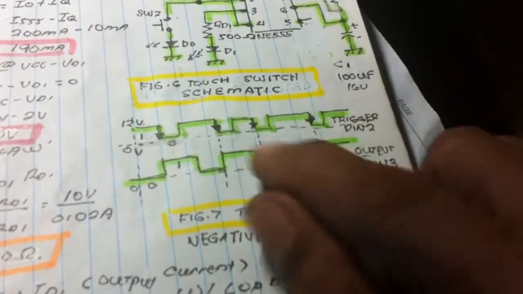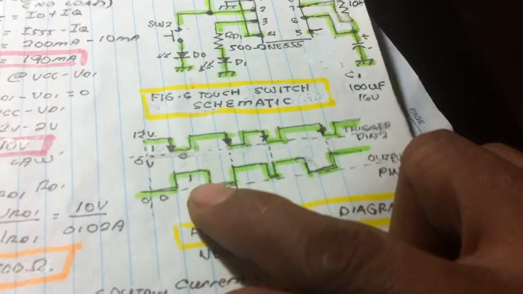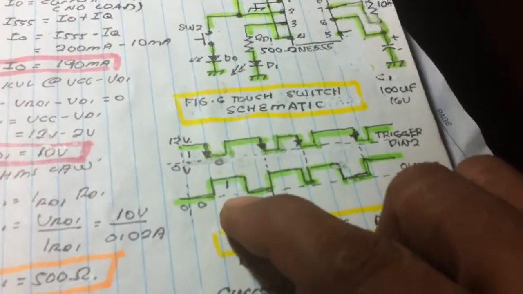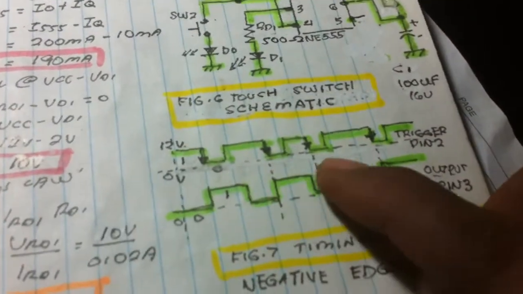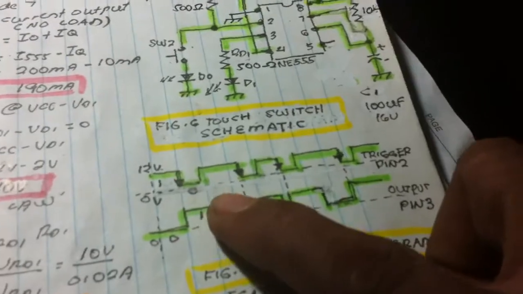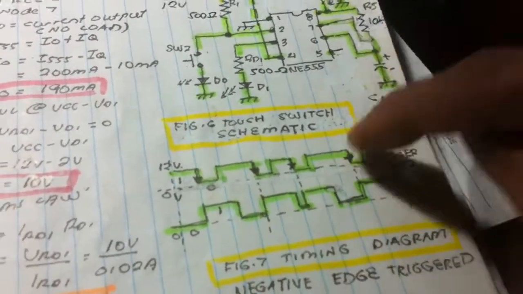As you have seen here, the duration of the waveform is equal because that is the action of the LED, the light of the LED, always. Only the triggering pulse is different, the duration of the triggering pulse, applying a triggering pulse every time you push the button.